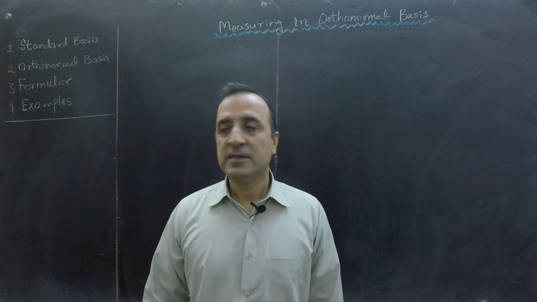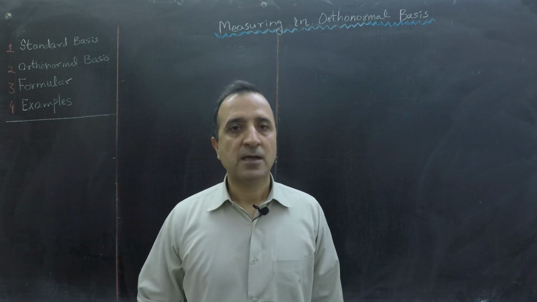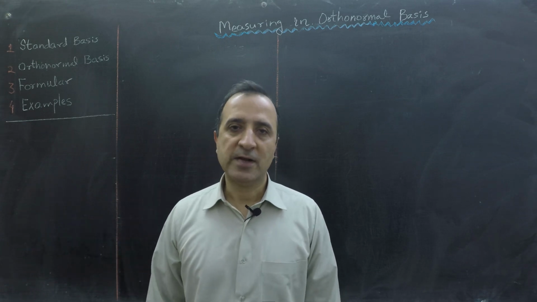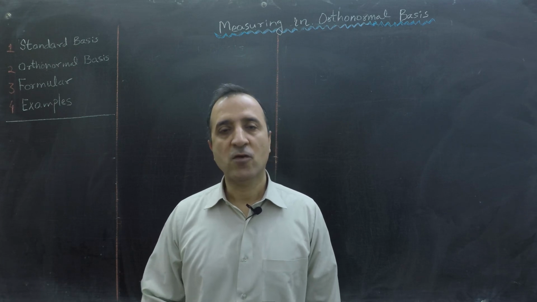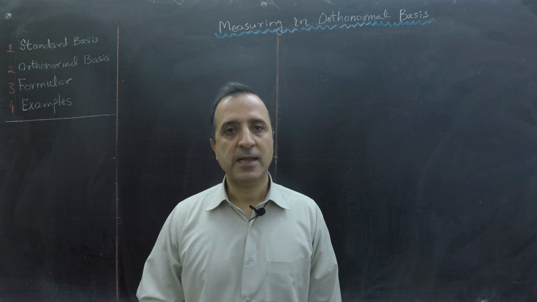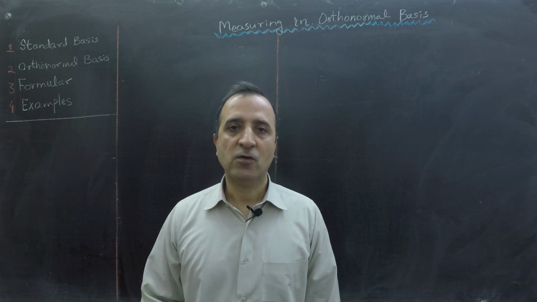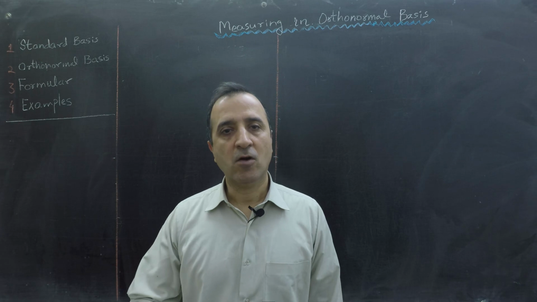So let's start. A standard basis is a set of linearly independent vectors where each vector has exactly one 1 in it, and the rest of the elements of that vector are all zeros.